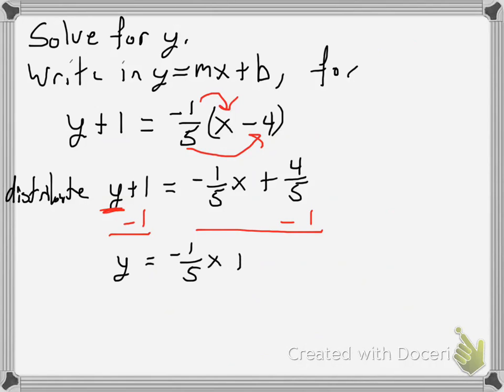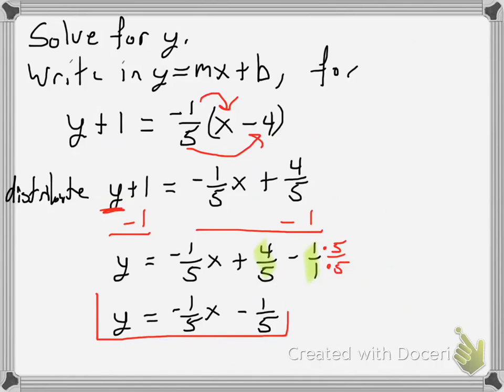So y equals negative 1/5 x plus 4/5 minus 1. And I have like terms here, the 4/5 and the 1 over 1. I changed it to 1 over 1 because I need a common denominator here, which is going to be 5. So we're going to multiply the 1 over 1 by 5 over 5, and we will combine those like terms, writing everything else as is.